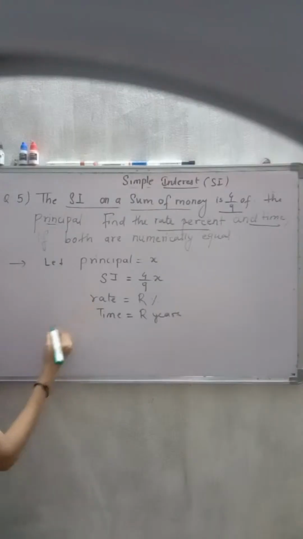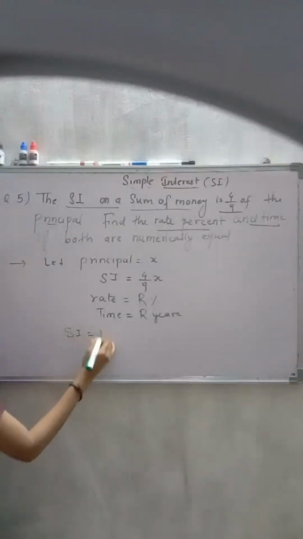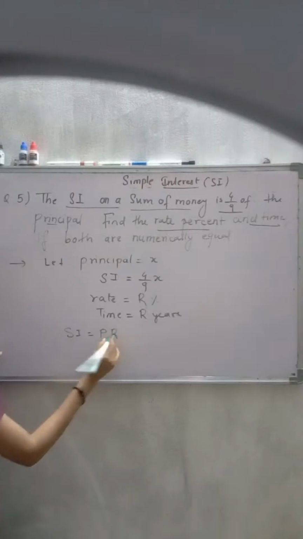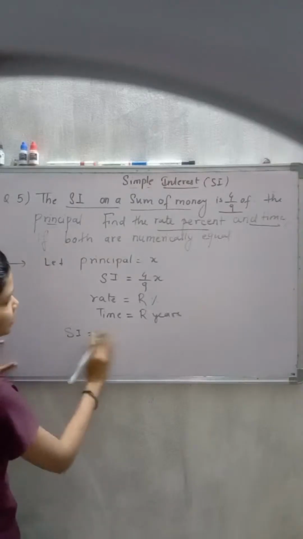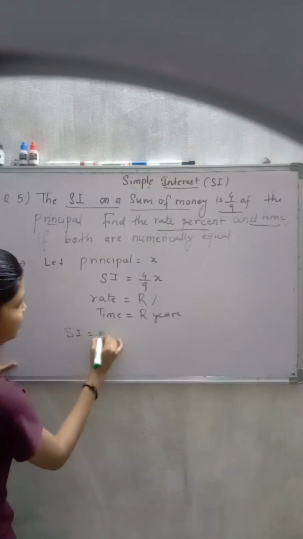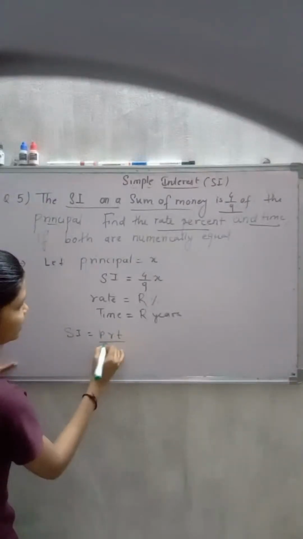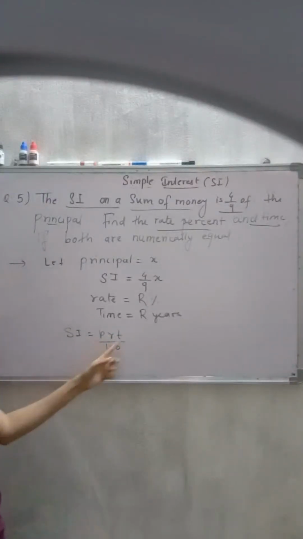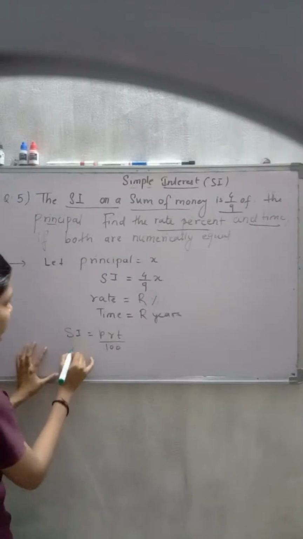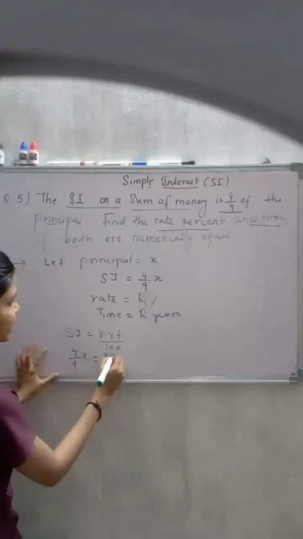So apply the formula. SI equal to PRT by 100. Principal, rate, time by 100. SI we have 4 by 9 of x. Principal as x.